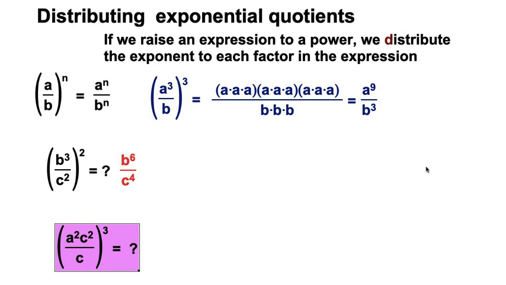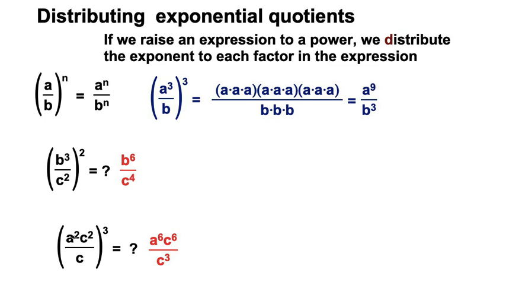What are we going to do here? Now, there's a couple ways you could go here, because you see this already is not in its simplest form. We're going to have to carry the restriction that c can't be 0, but I could simplify. I could do the division first and then raise it to the power. Or I could do it this way.